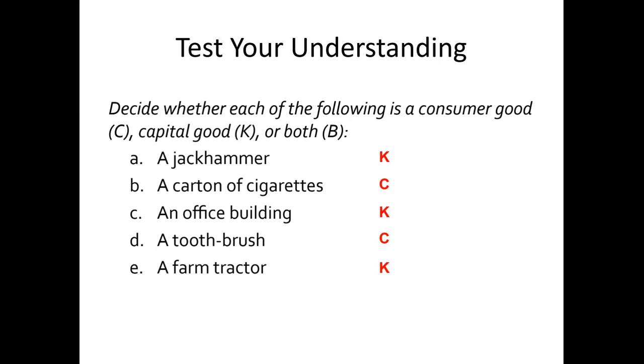Capital C is used for consumer good or consumption. A jackhammer is considered a capital good. A carton of cigarettes, consumer good. An office building is considered a capital good. A toothbrush is a consumer good. And a farm tractor is a capital good. Okay.